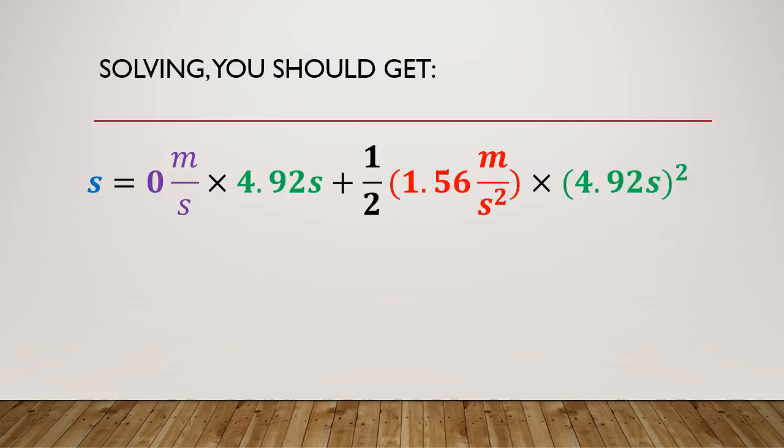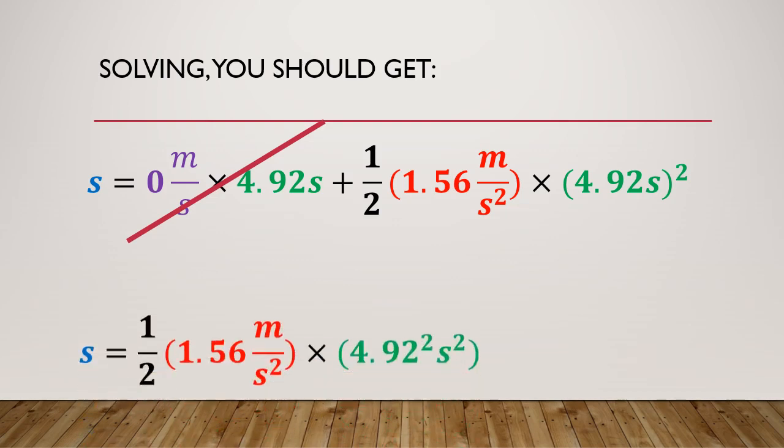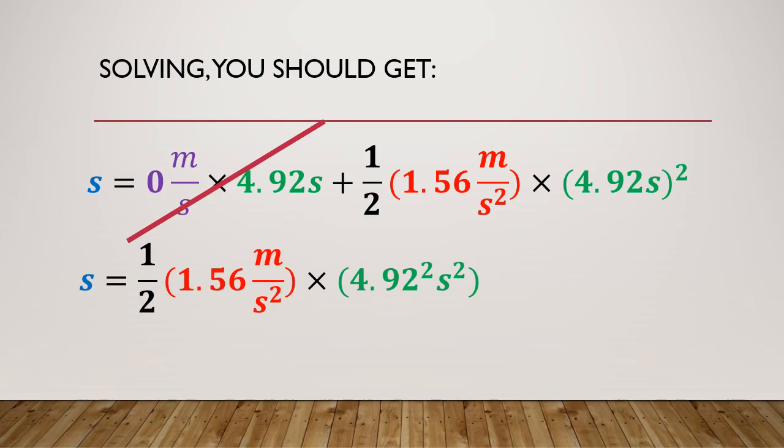When you do the operations, you will end up able to cross out that first term because anything multiplied by 0 automatically equals 0, so we're only concerned with the second term. And 1/2 times 1.56 times 4.92 squared, the seconds squared will cancel out, and you end up with plus 18.9 meters.